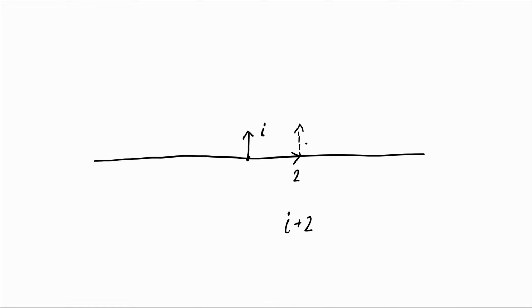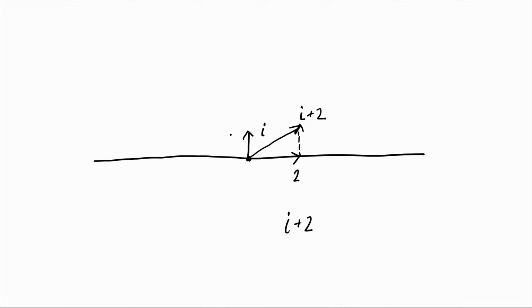Then what I do is I go from the beginning tail, which is at the origin, or at 0, and I go to the ending tip, and I end up getting, so that should be the sum of the two. I'm going to think of that sum as being i plus 2.